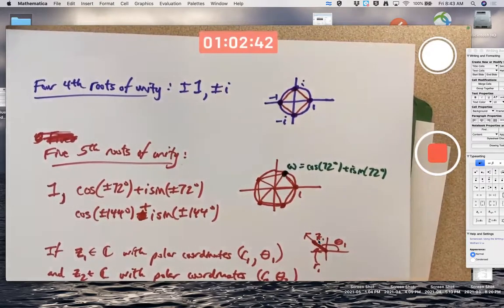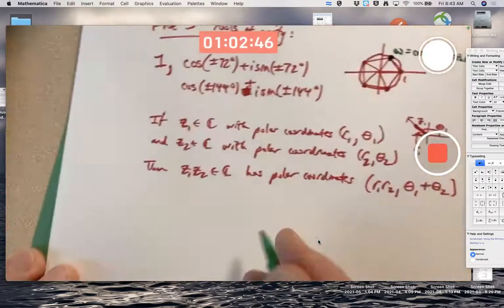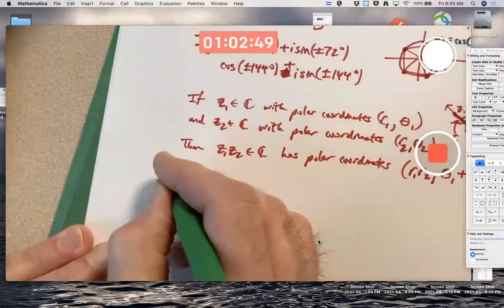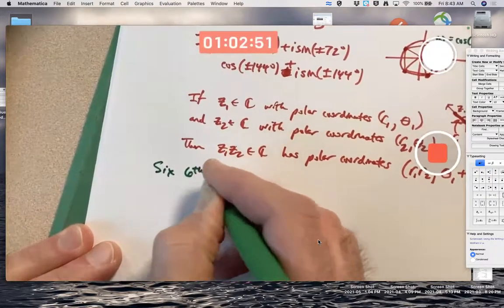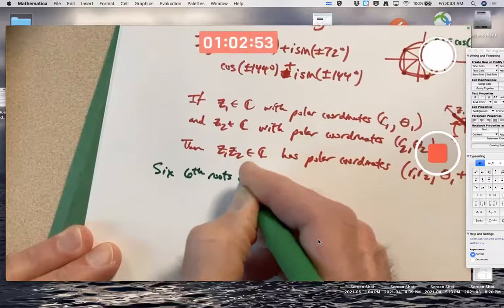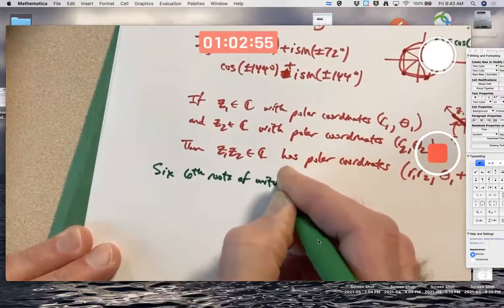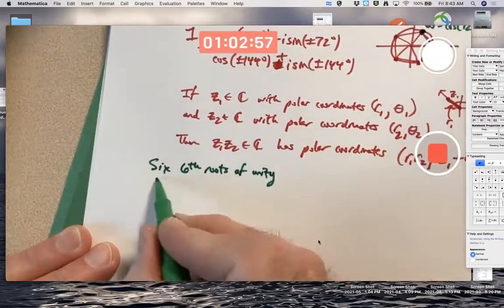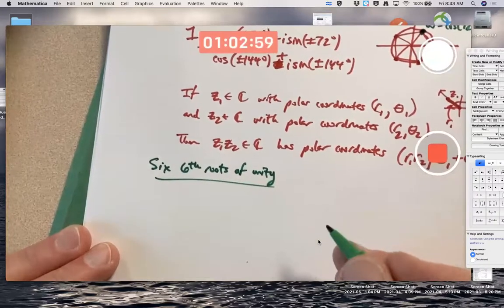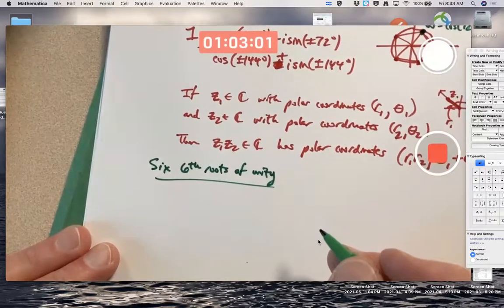Let's do one more. Let's do 6 roots of unity. There are 6 sixth roots of unity. 360 degrees divided by 6 is 60 degrees.